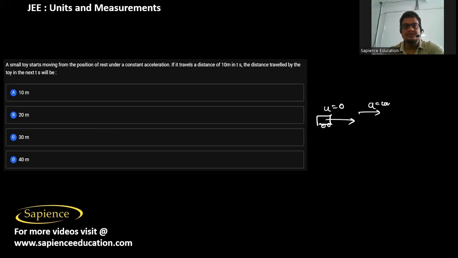It travels a distance of 10 meters in t seconds. Then the distance traveled by the toy in the next t seconds will be? So in the next t seconds, how much distance will it travel? Let's say that is x. We have to find that.